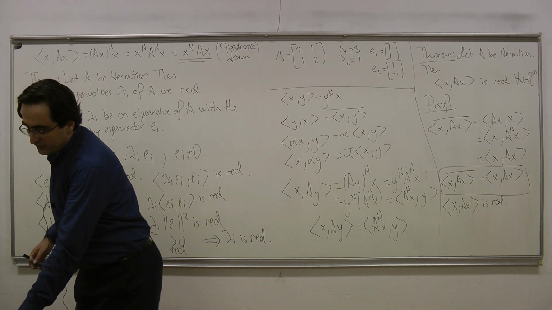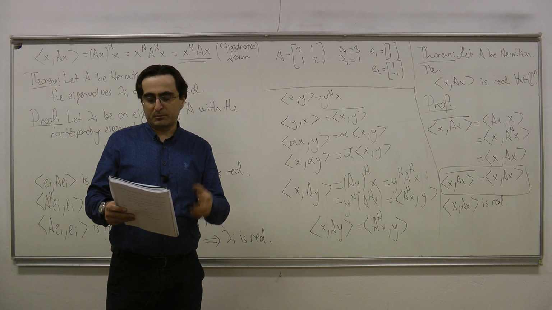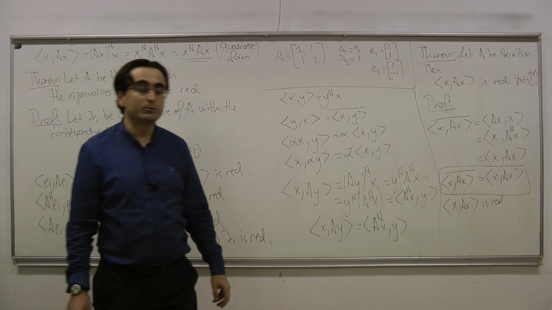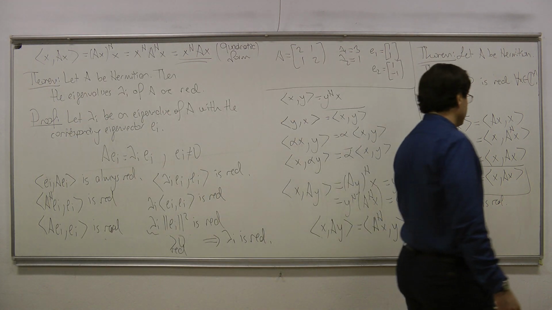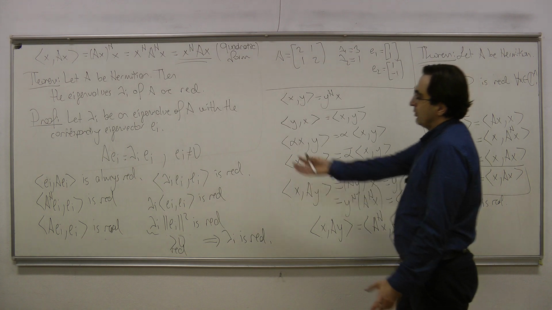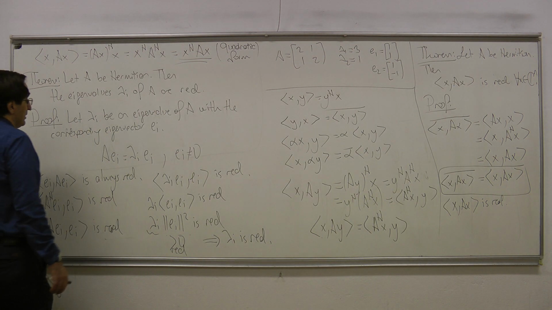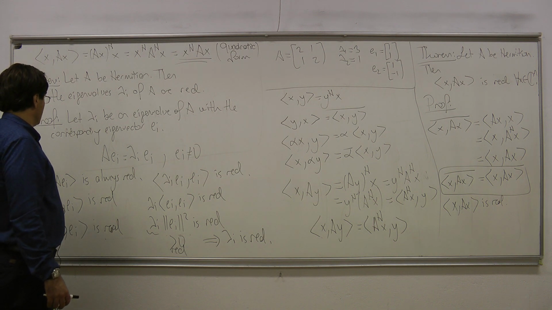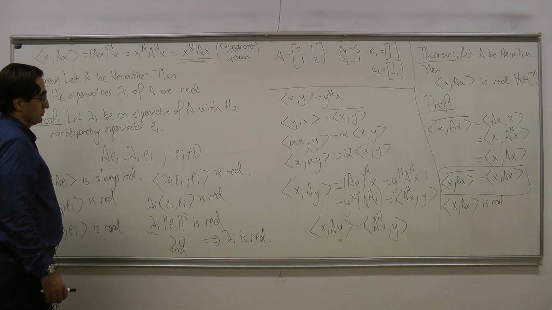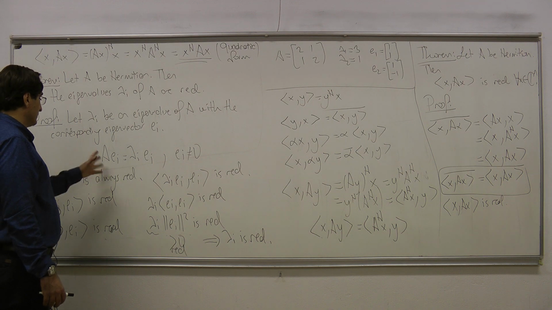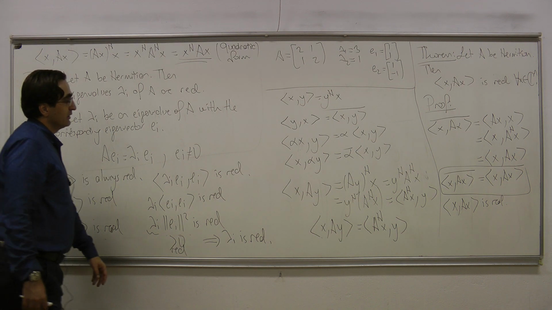In the notes there is another, a little bit longer proof. You can look at that proof as well. When we have a result, it can have multiple proofs at the same time. Here I wanted to do the proof in this way, but there is an alternative proof in the lecture notes.